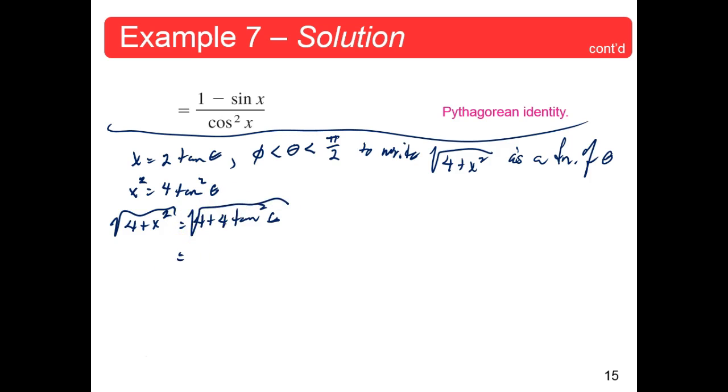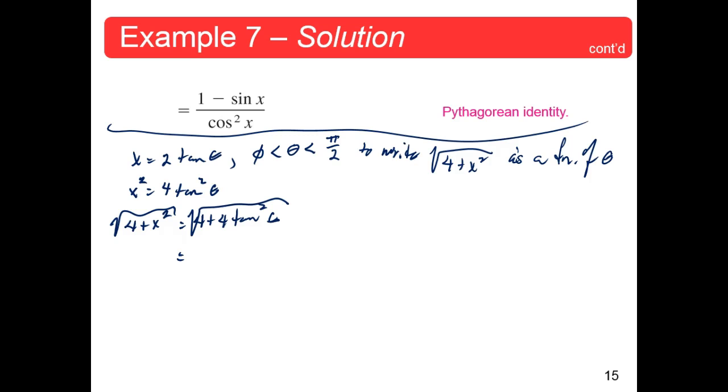Ugly expression, by the way. You take away the square root, or the square. You think that's a perfect square? Oh, it's not. So I don't know how to do that.